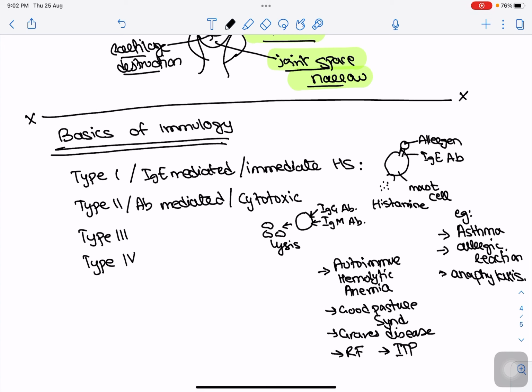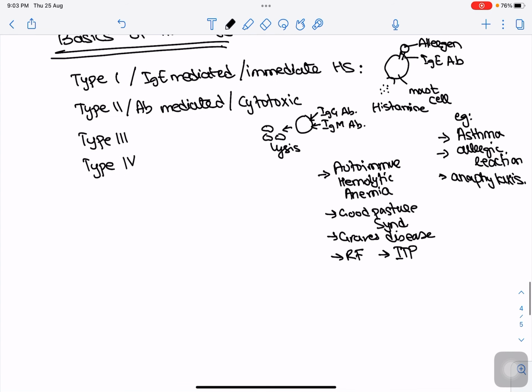If we follow up with the type 3 hypersensitivity reaction, let's follow up on type 3 over here on this part of the page. Type 3 is also known as immune complex hypersensitivity reaction. As the name suggests, an antigen-antibody complex deposits in tissues, which activates complement and recruits inflammatory mediators, resulting in tissue injury.